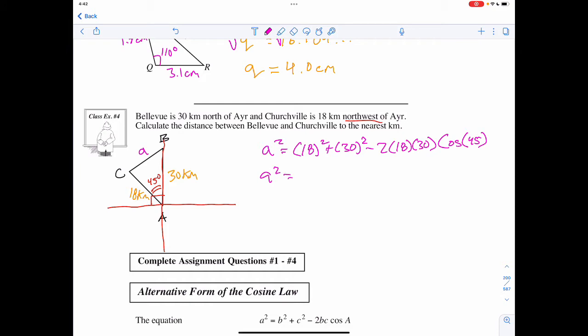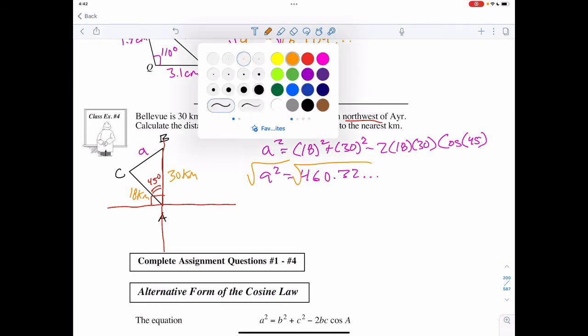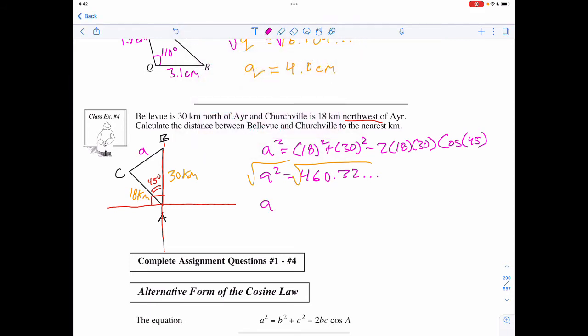A squared is going to equal approximately 460.32 whatever. And don't forget to square root to get your final answer. A is going to equal 21 kilometers.